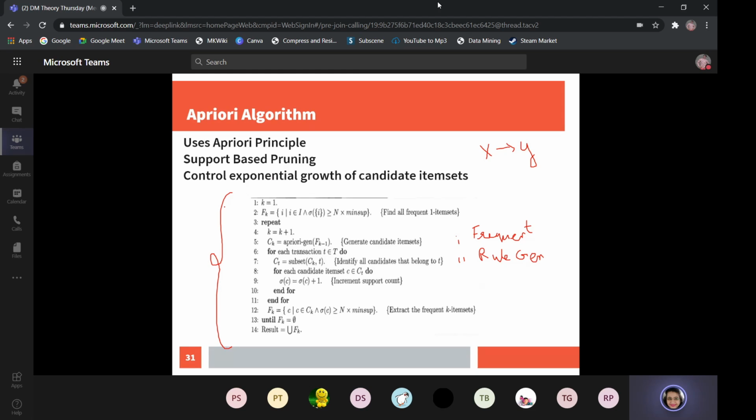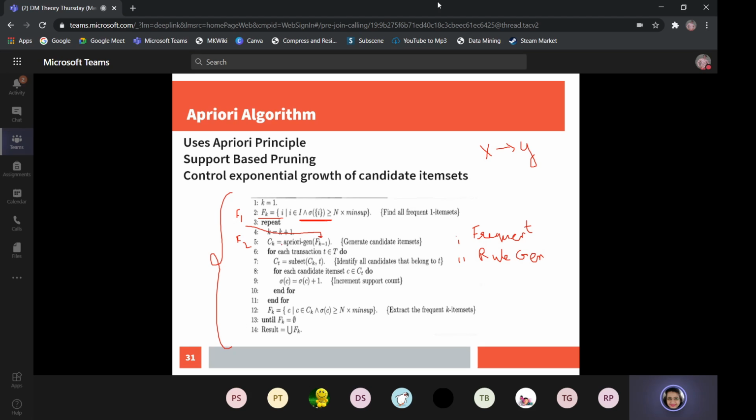If you remember, in the last lecture we first generated all F1 item sets, that is all item sets of size 1 which cross the min sup threshold. Then we generated candidates for the next level, F2.